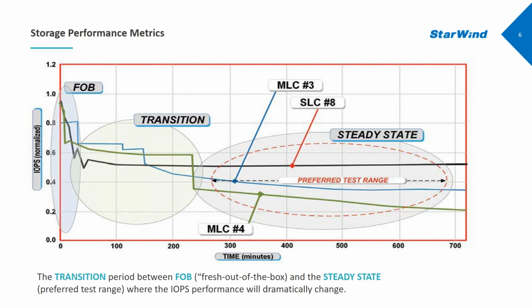However, it should be recognized that SSD performance changes over time. There is a transition period between fresh out of the box and the steady state. Normalized IOPS performance, depending upon the type of memory, such as multi-level cell structure, will actually do a step function negatively from a peak FOB IOPS figure to the steady state IOPS measurement.